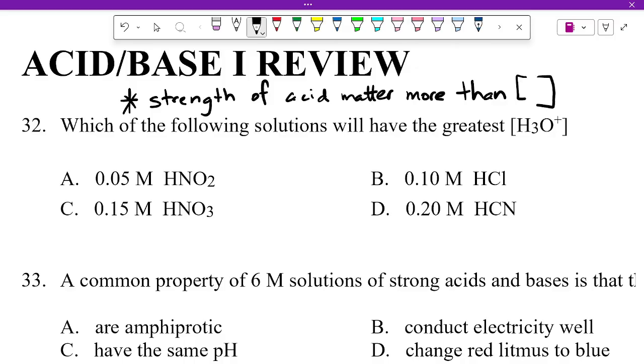For example, with HNO2, we mostly have HNO2 and only a very little bit of the H+ and the NO2-. So only a little bit is dissociated because it's weak.